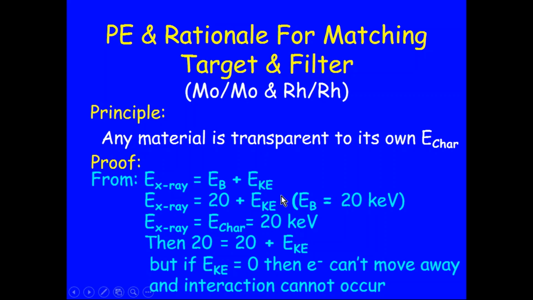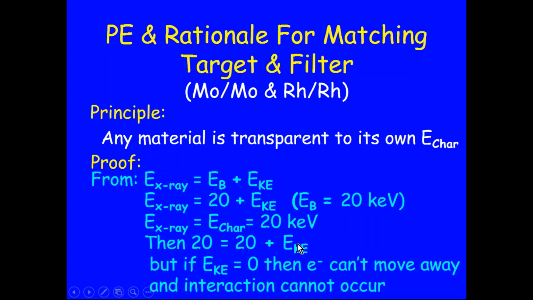Well, our time is up, but look at the proof down here. And it's just based on the fact that if your X-ray energy is 20 and your binding energy is 20, well then how much kinetic energy is available for the electron? 0. And if the electron cannot have any kinetic energy, it can't move away.